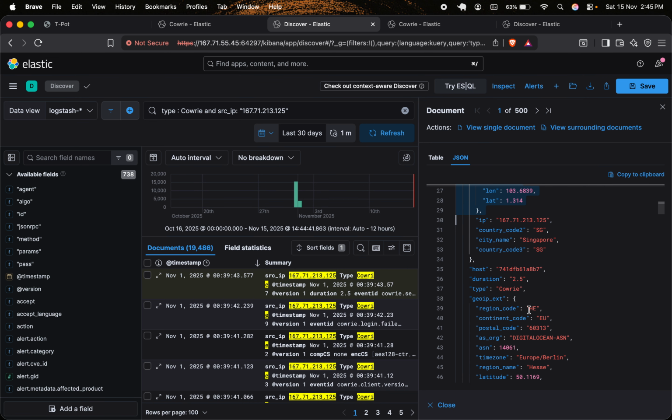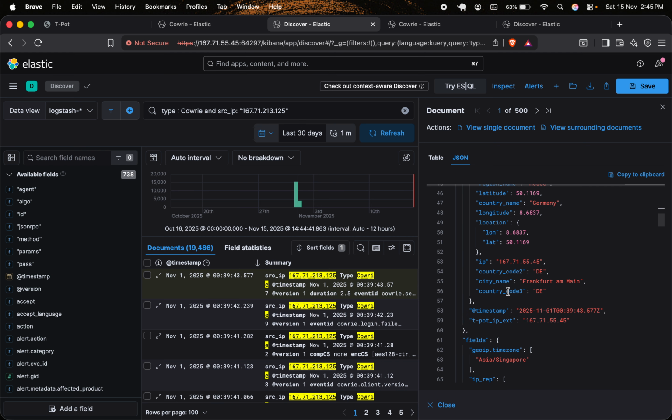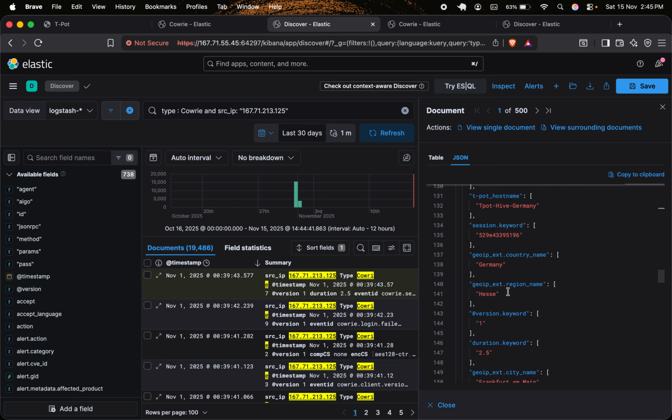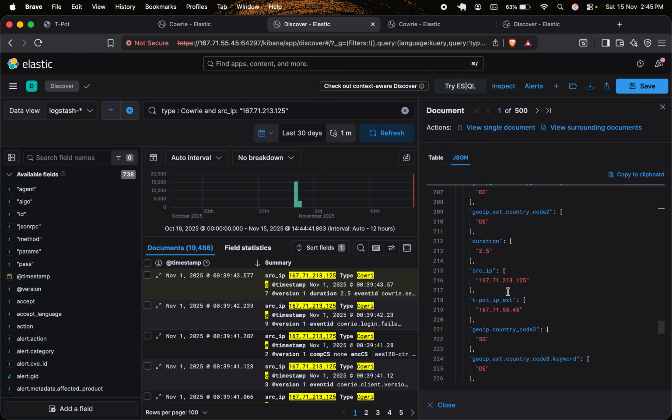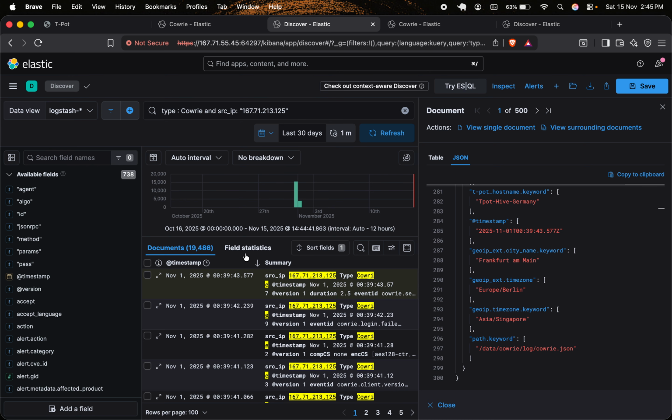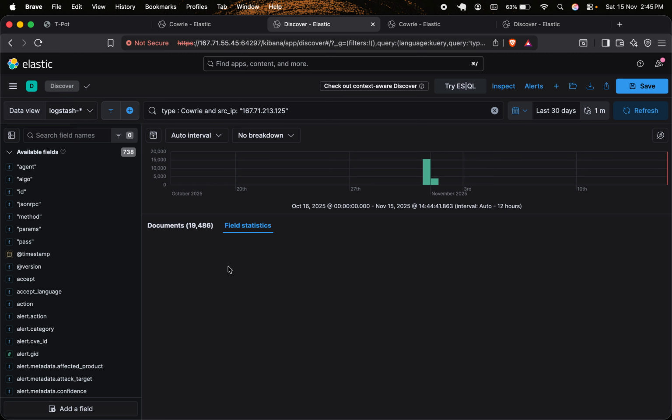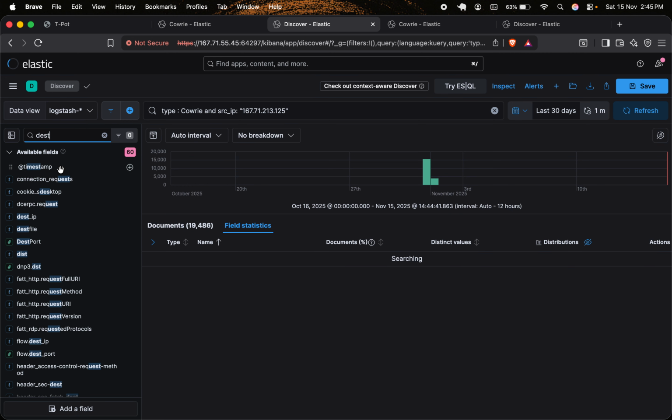Okay, and this is the container which captured this particular log. There are so many details about what type of port he used. We can also filter the data from here. For example, I want to see the destination port, my port on which attackers try to attack.